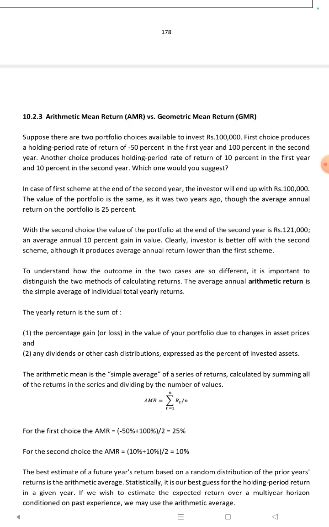To understand how the outcomes in the two cases are so different, it is important to distinguish the two methods of calculating returns. The average annual arithmetic return is the simple average of individual total yearly returns.